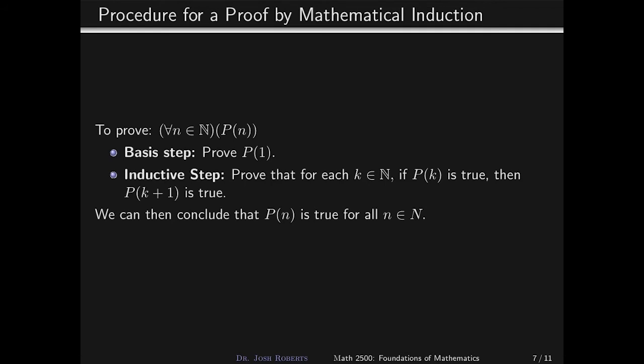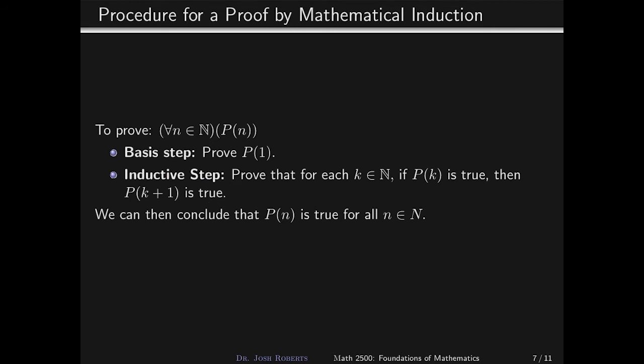So again, to sum everything up, to prove that for all n in the natural numbers, some property holds, okay, we'll see different properties, you do your basis step. You prove that it holds for P of 1. Then you do your inductive step. You prove that if this is true, then this is true.